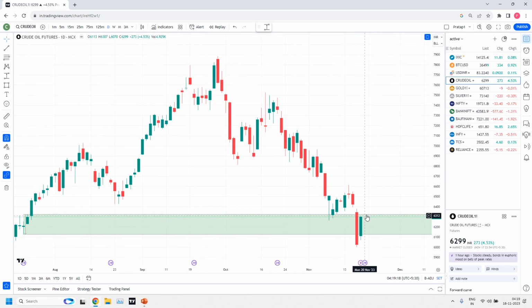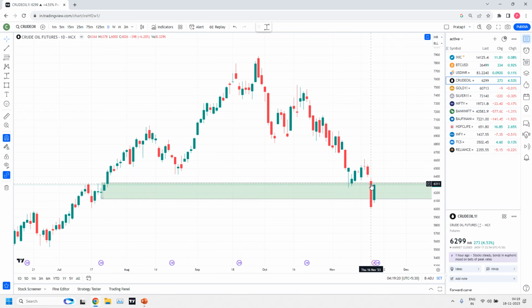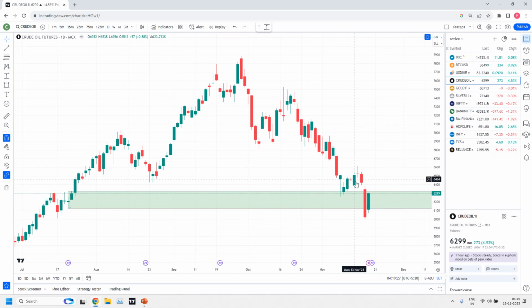So, what is the immediately available supply zone when prices are going below this demand zone? So, we have a rally candle and then we have two base candles and then with a gap down, prices went down.